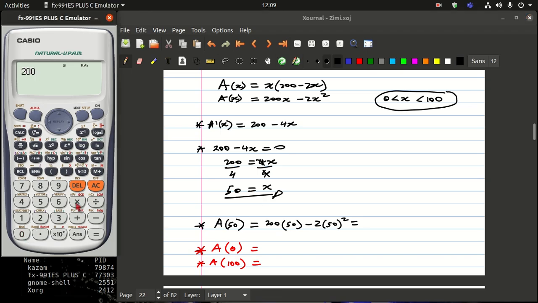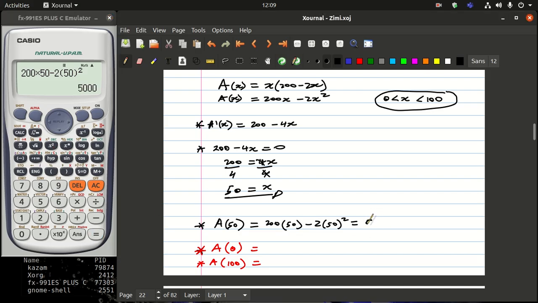We have 200 times 50, minus 2 times 50 squared. The answer we're getting is 5,000. Because we're having meters, it's going to be meters squared.